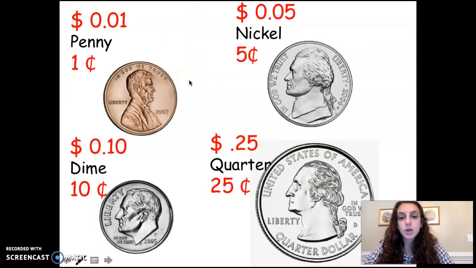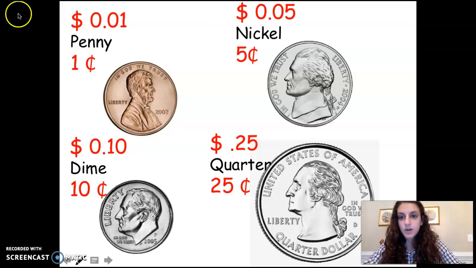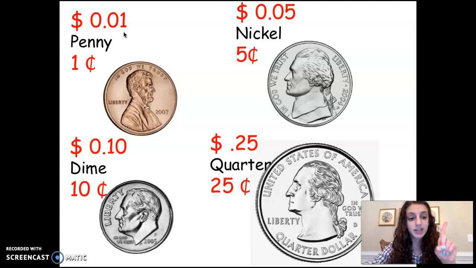Here we see coins. Coins, or change as we call it, represent very small amounts of money. Here we see the penny, which represents 1 cent, which can be written as dollar sign, 0, decimal point, 0, 1. 100 pennies is equal to $1.